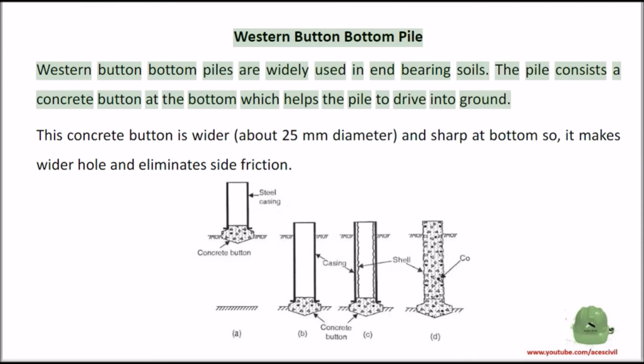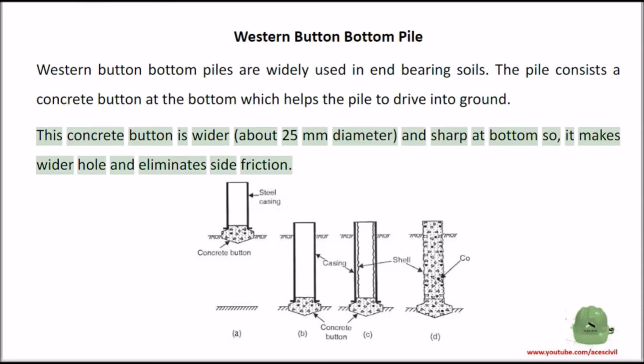Western button bottom pile. Western button bottom piles are widely used in end-bearing soils. The pile consists of a concrete button at the bottom which helps the pile to drive into ground.